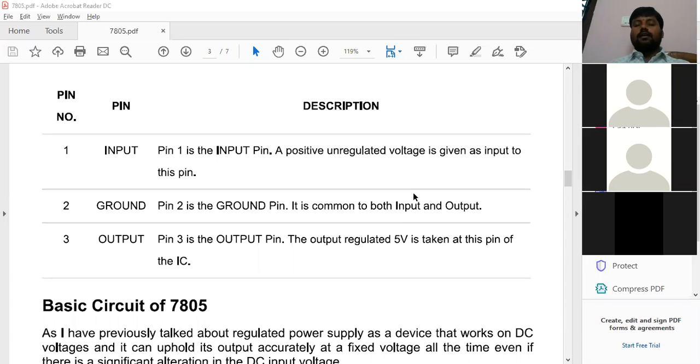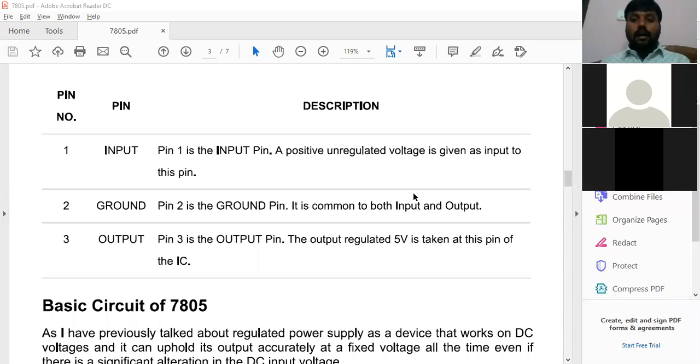The unregulated output we are getting from the rectifiers. Just go back to the regulated power supply chapter. Okay, rectifiers. There are three types of rectifiers: half wave, full wave, and under the full wave, bridge and center tap. Okay, so from these rectifiers we are getting the unregulated voltage. Okay, of course we are filtering it, but even so the output voltage is not constant.